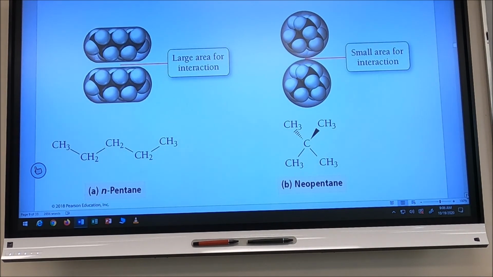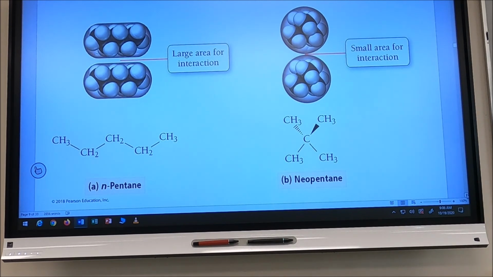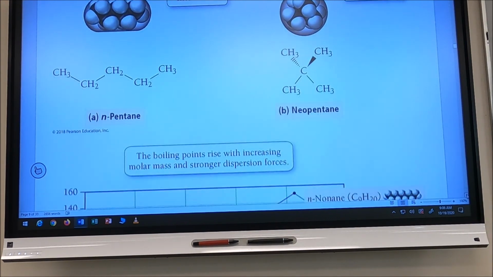Okay? The book talks about the fact that if we have a longer molecule, there can be more points of contact, larger areas of interaction, which can lead to more polarity. I also like to think about it as the fact that the molecule is just better able to spread out its electrons.